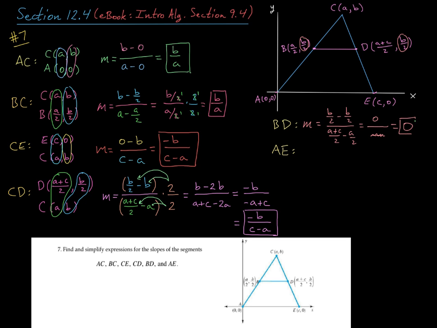That makes sense because I'm just looking at a horizontal line. AE, A to E, is really the same thing. This is going to have a slope of 0 as well because these y coordinates are the same. It's a horizontal line.